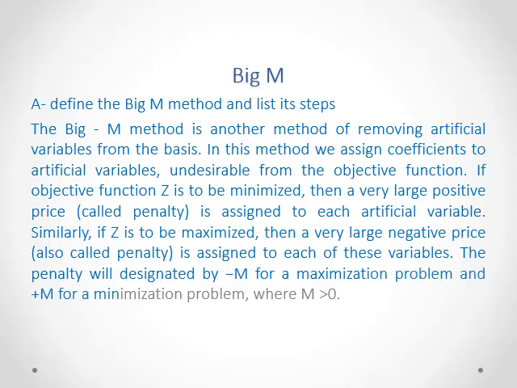We use artificial variables in case of minimization to compensate the negativity of a slack variable.